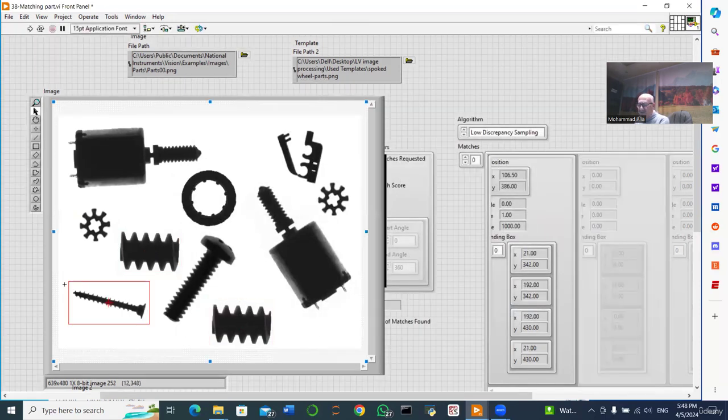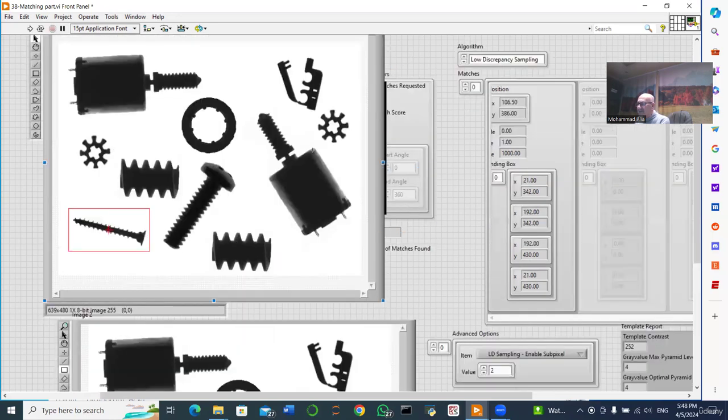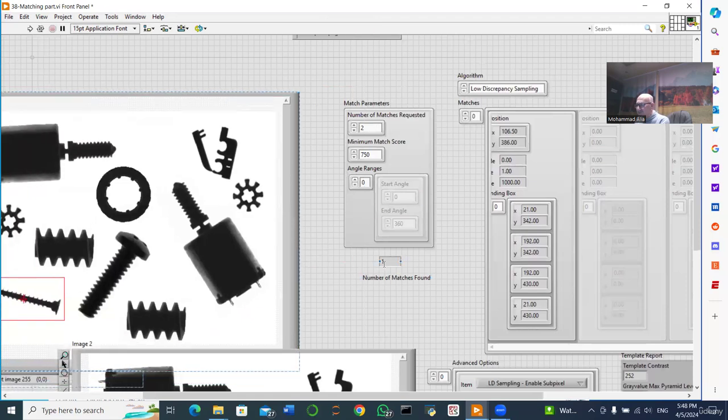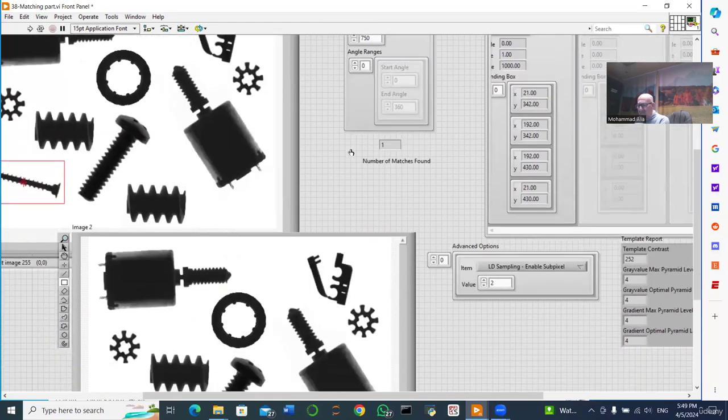So we have only one element matching, and concerning the results and the readings, here we have number of matches equal to 1. Well, I think it is enough to talk about this. It is clear for you. Let us move to another program.